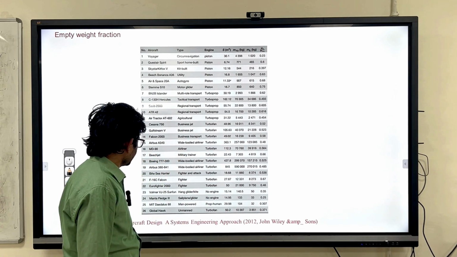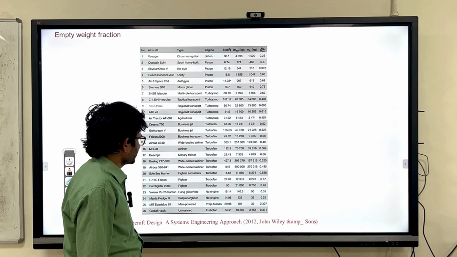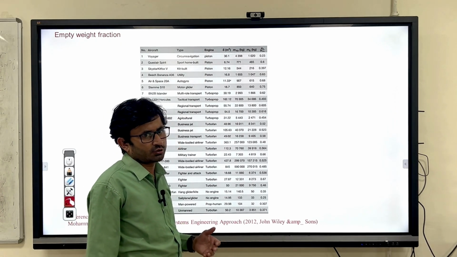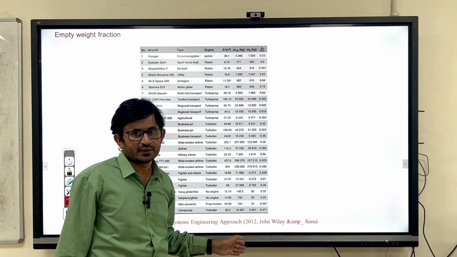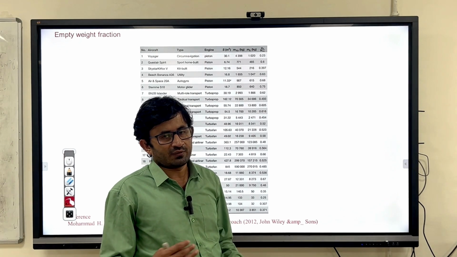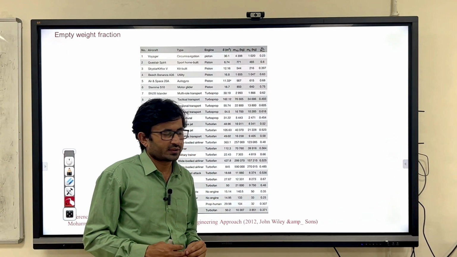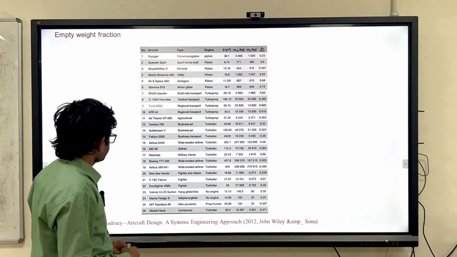So you can see that the empty weight fraction is around 0.5, 0.6. Depending upon your category of aircraft, you can look at this historical data, and you can at least take a rough value in order to estimate our total aircraft weight. Okay.